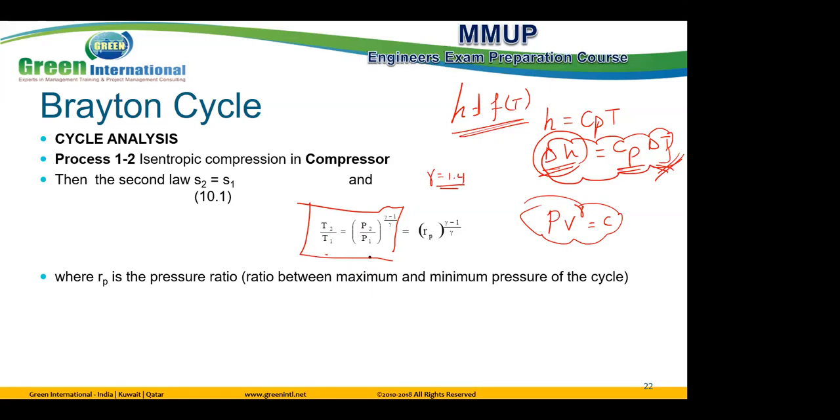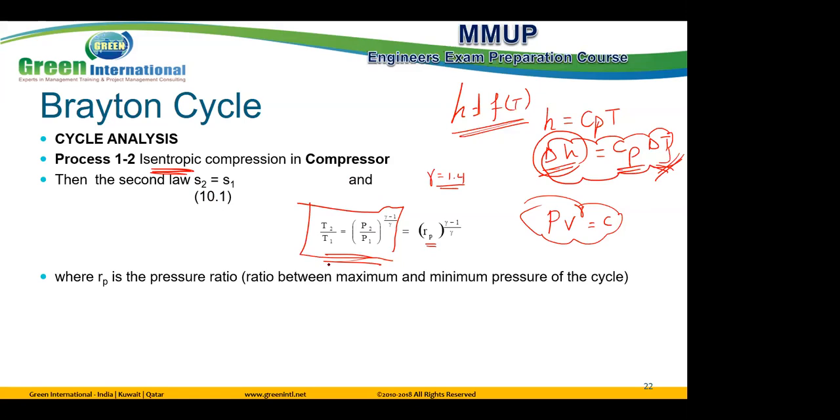And where is this used? This is used for the relation between one state and another, between step 1 and step 2, for example, or step 3 and step 4. It means between the isentropic processes. For any isentropic process, we can use this directly. P2 over P1 is equal to Rp.